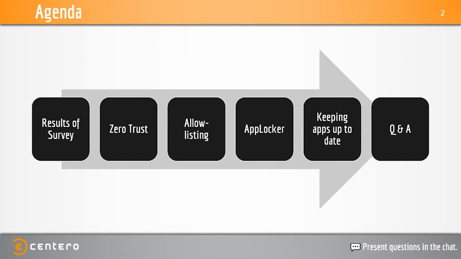After Sami's part, I will tell you a little bit about how to actually update the applications that you allow in your organization and what kind of tools you have available for that. And at the end of the webinar, we have the questions and answers section.